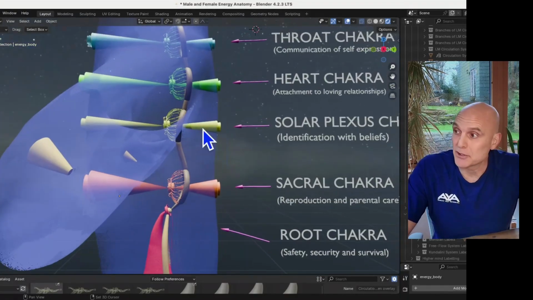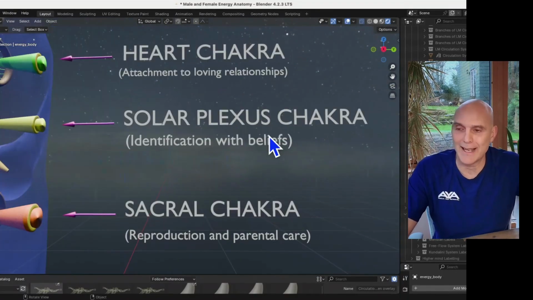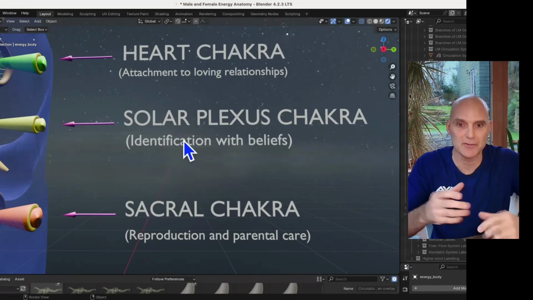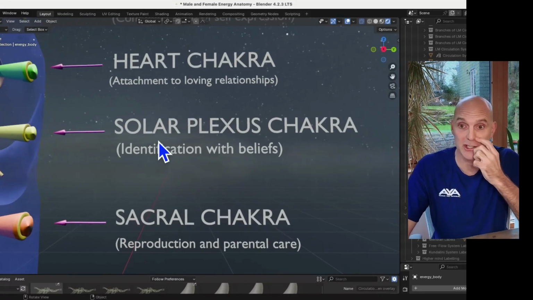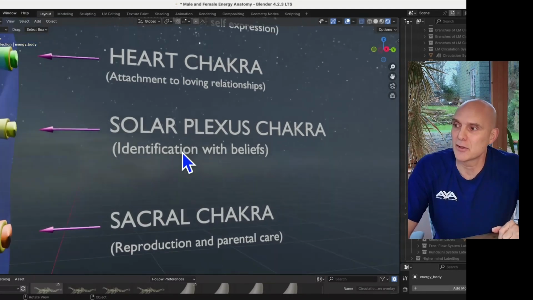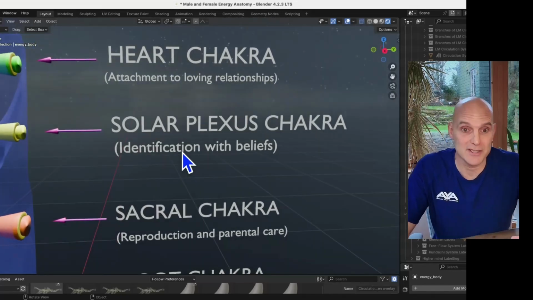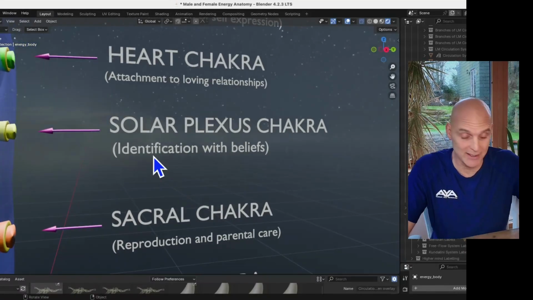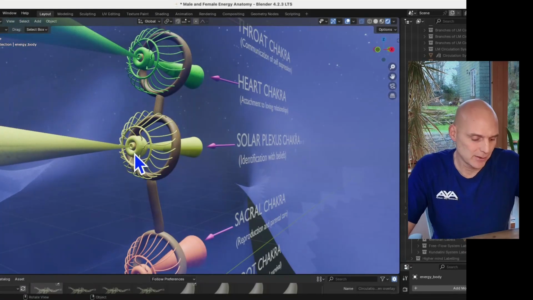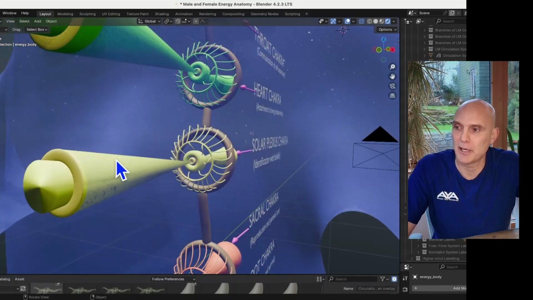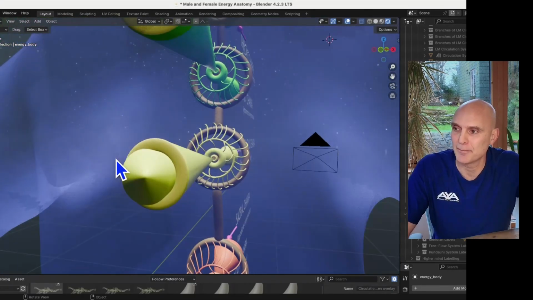Okay, so let's move up to the solar plexus chakra. So in energy psychology, identification with beliefs. This is all stuff you've done before, obviously, so I don't have to go on about it too much. But the solar plexus governs our characteristics to do with identification with beliefs. And that's the ego, the egoic identity. And its energy pump function is the same.